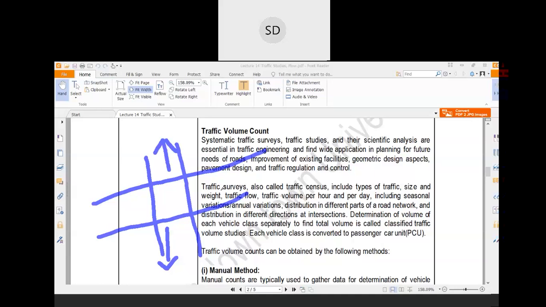For example, if the PCU of a bus is 2 or 3, it indicates that it is 3 times more impactful than the passenger car. In this way, different types of vehicles are converted into one single unit, called passenger car unit.